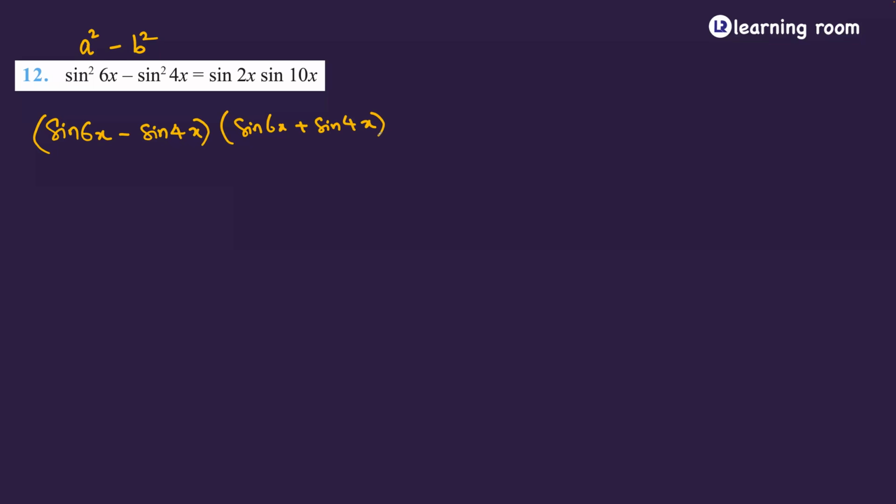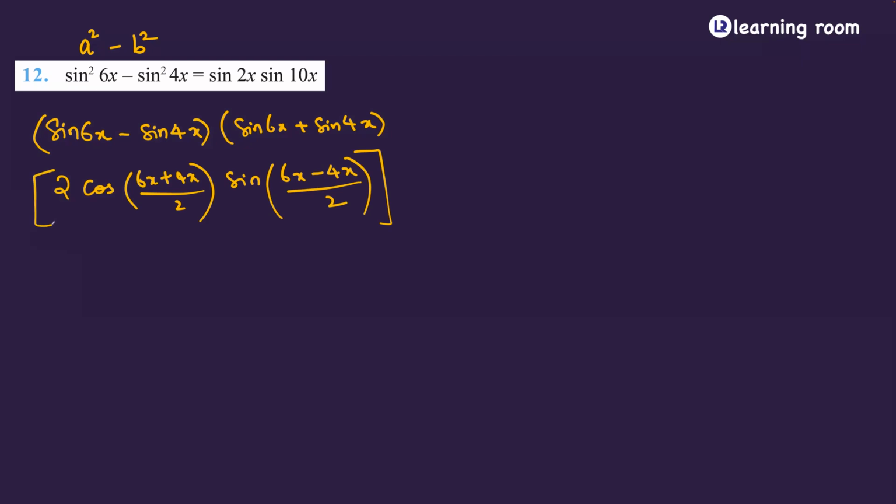Now I'll apply the formula sin c minus sin d. So sin c minus sin d is 2 times cos of bigger angle, so 2 times cos of 6x plus 4x by 2 into sine of 6x minus 4x divided by 2.